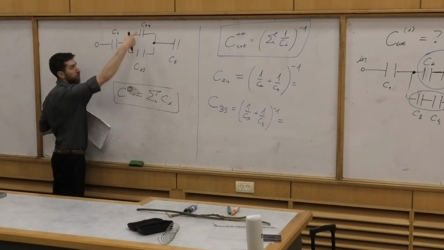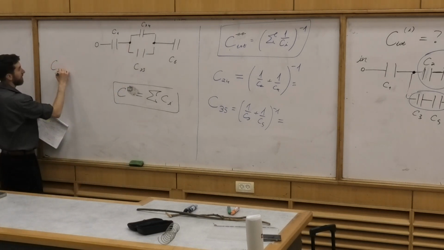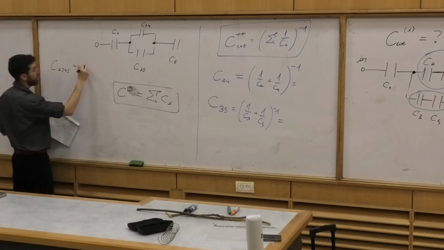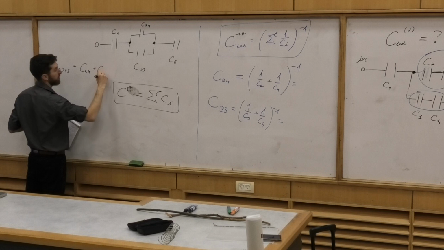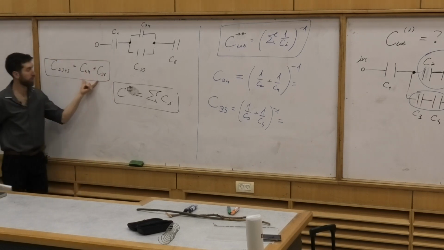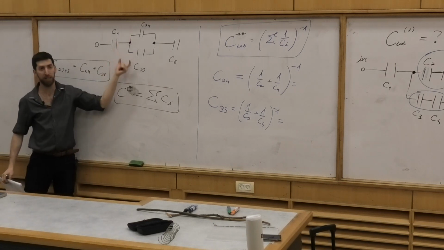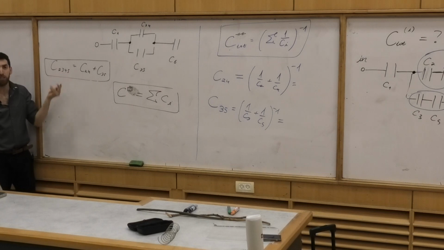So what is the result of these two? What is the equivalent capacitance of C2,3,4,5? Exactly, simple as that. Okay, so this is an easier way. And I want you to notice that when you plug capacitors in parallel, the capacitance is increasing, right?